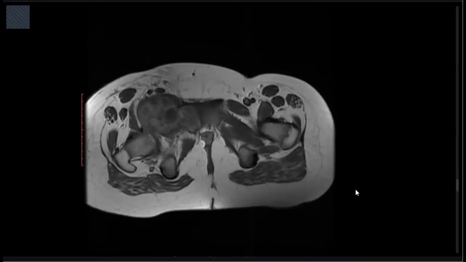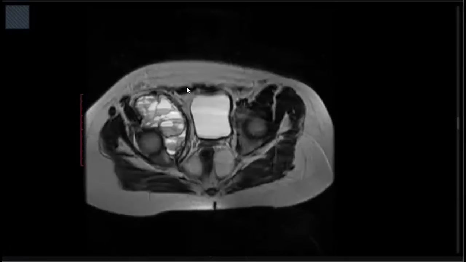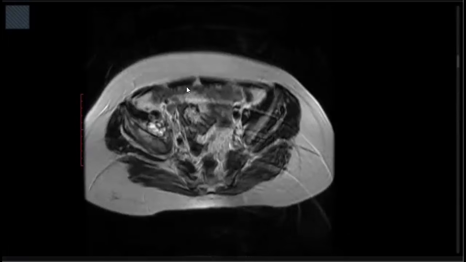Normally, I would go through all of the images to look for other features. Which sequence do you need to see? I want to see T2 and T1 with contrast. So in this T2 weighted image, I can see clear layering of the fluid levels, and that is one of the features which indicate this is an aneurysmal bone cyst.